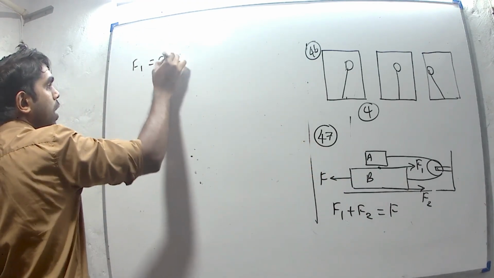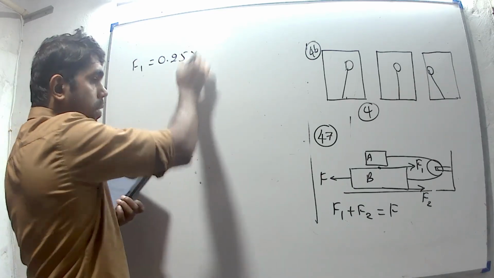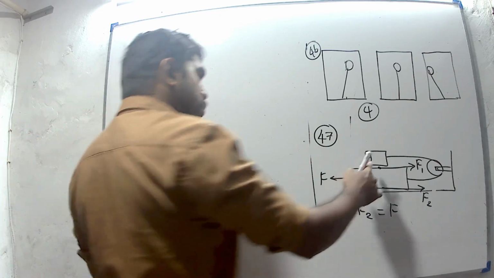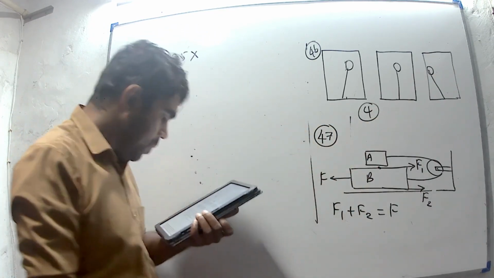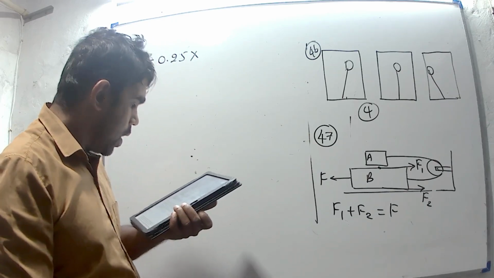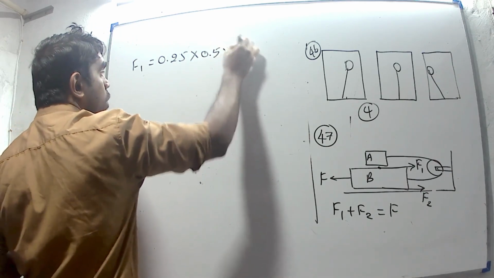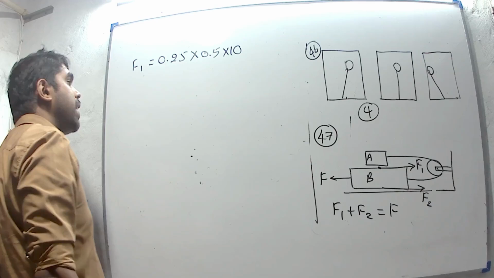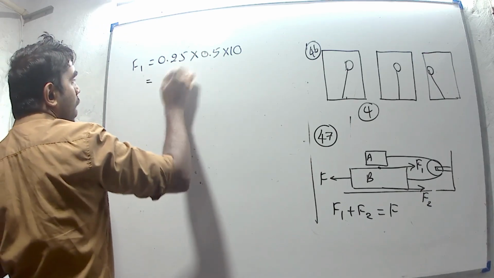F1 equals 0.25, the mu value, into R. When considering this friction, the action is only by block A. It is 0.5 kilograms. We have to convert it to Newton, so I will multiply by 10. 5 into 25, 125.